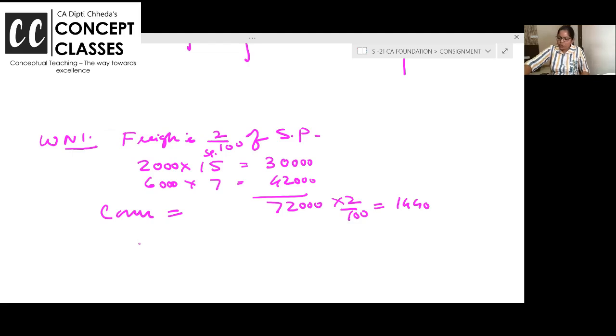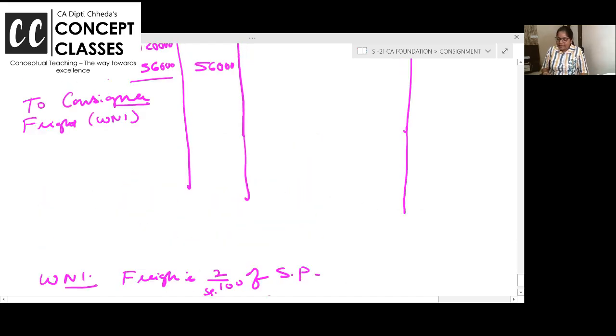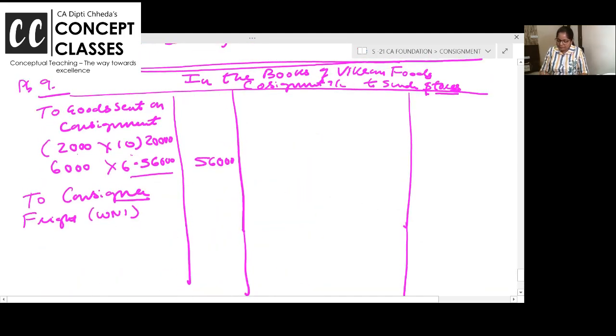Commission is equal to 2% of the selling price of all the goods sent. All goods are not sold, but we are deriving the selling price to calculate the commission. 1440.